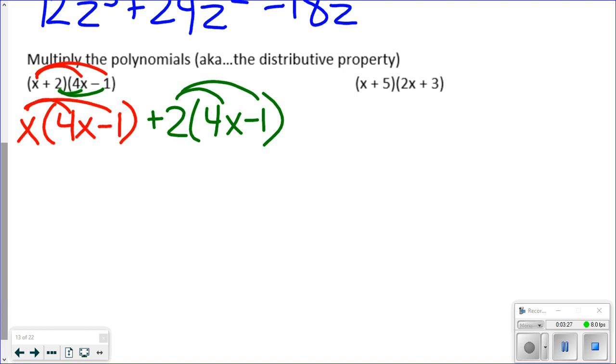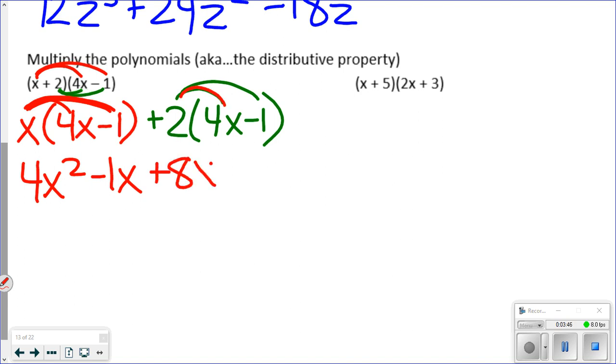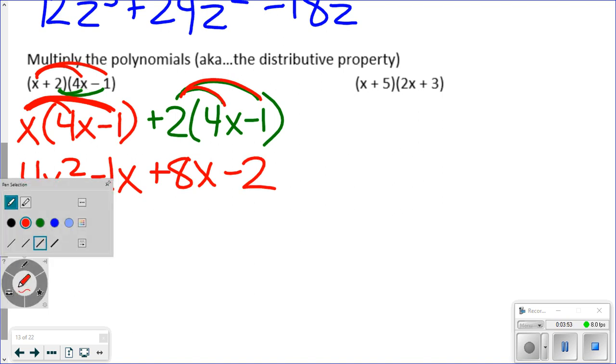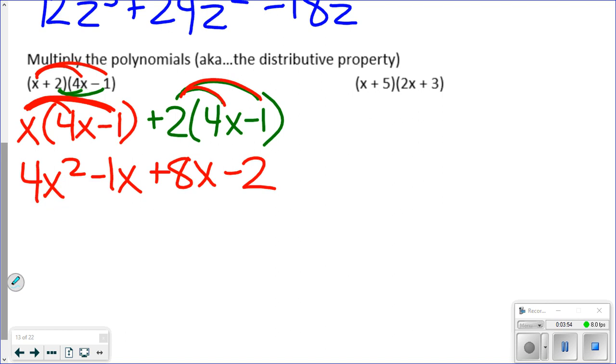Okay, so x times 4x is 4x squared. X times negative 1 is negative 1x. Then in my second set of parentheses, it would be 2 times 4x, 2 times negative 1. And then just like with the box method, we have to combine our like terms.